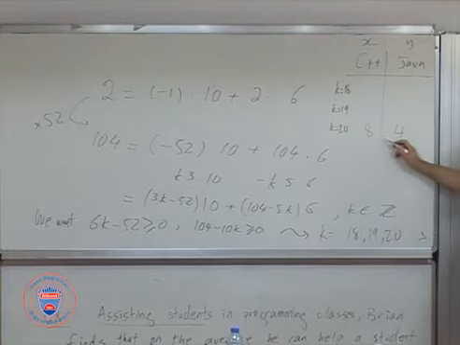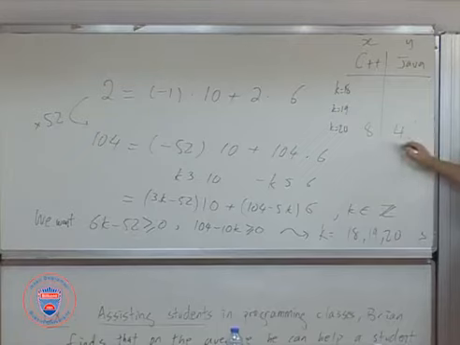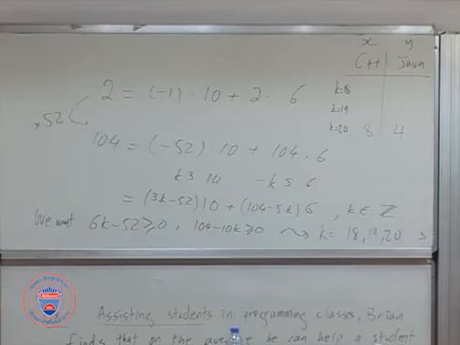So this is 8 times 10, 4 times 6, 80 plus 24, you get 104. So this is a good combination. You could do 8 times C++, 4 times Java, you'll spend in total 104 minutes.